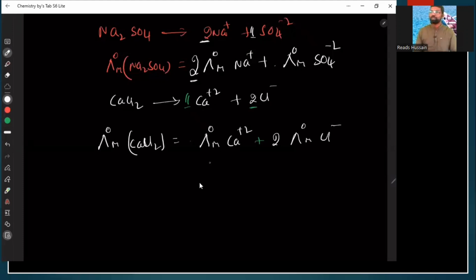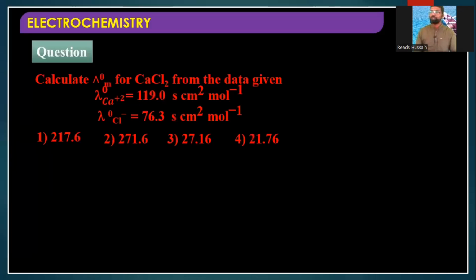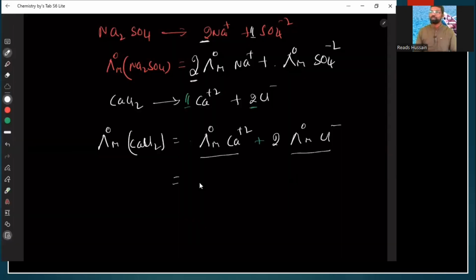Here the limiting molar conductivity of the calcium ion is given, and of the chloride ion is given. You substitute both the values. What is the value of calcium? It is 119 and chloride is 76.3. So 119 plus chloride is 76.3.